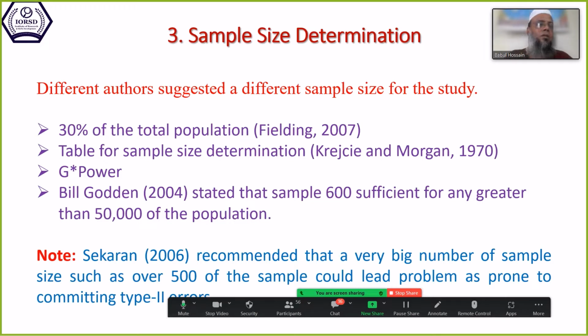Maybe 2,000 people are saying Narendra Modi is not a good administrator. So an insignificant factor becomes significant. This is called the type 2 error. So we should avoid an excessive sample size. According to Uma Sekaran, if your sample size is higher than the optimum size, you will commit type 2 error. Insignificant factors become significant. You got the point?